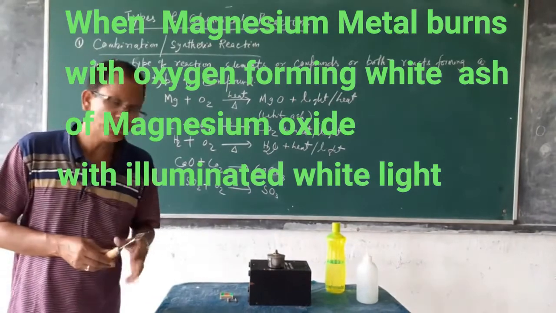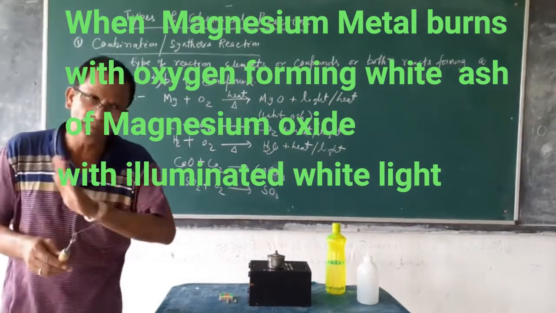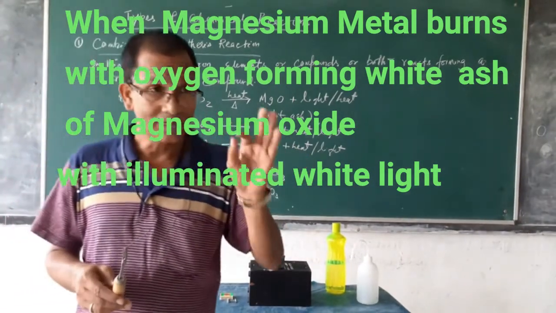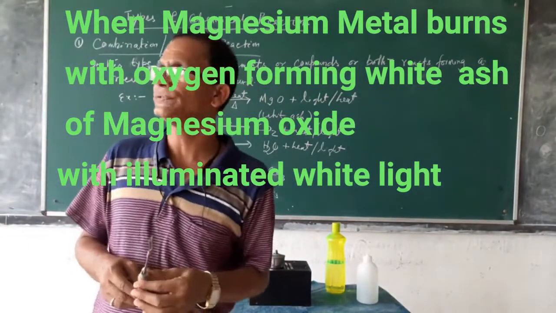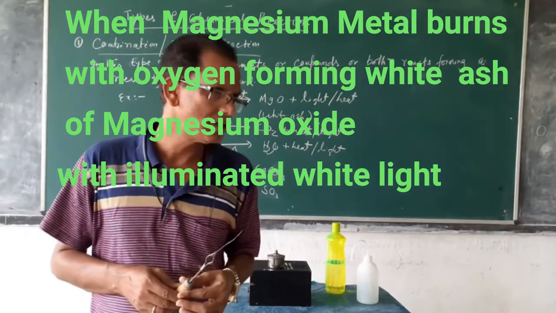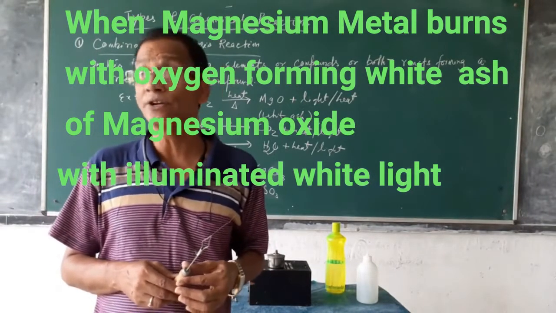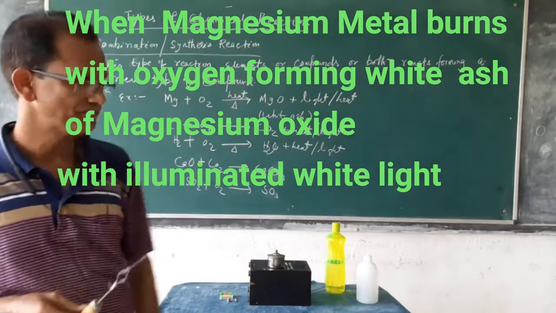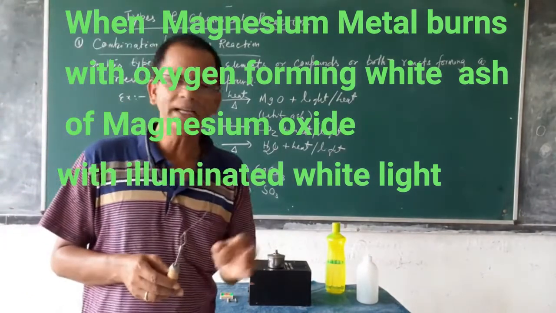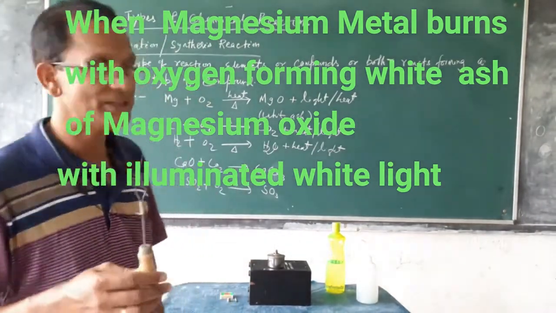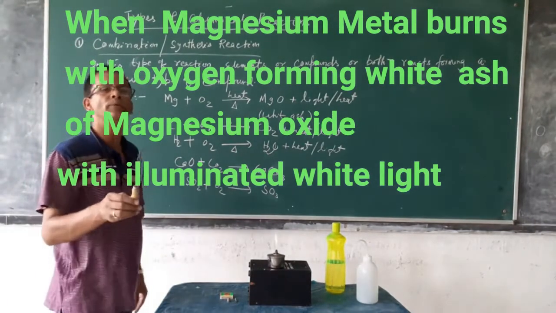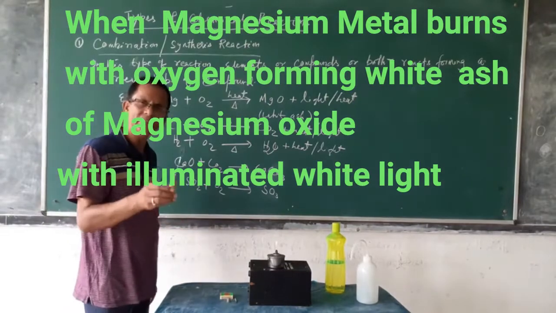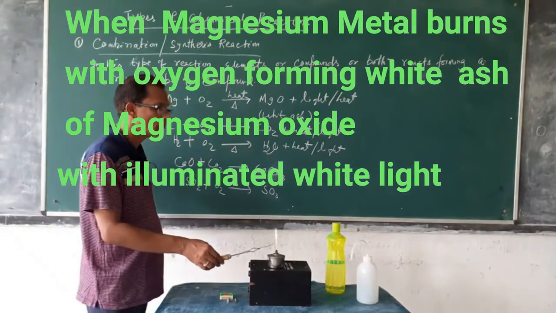Before heating, the magnesium ribbon should be rubbed clean to remove the coating of magnesium carbonate or magnesium hydroxide present on it, so that it can catch fire easily. Now I am heating this ribbon.